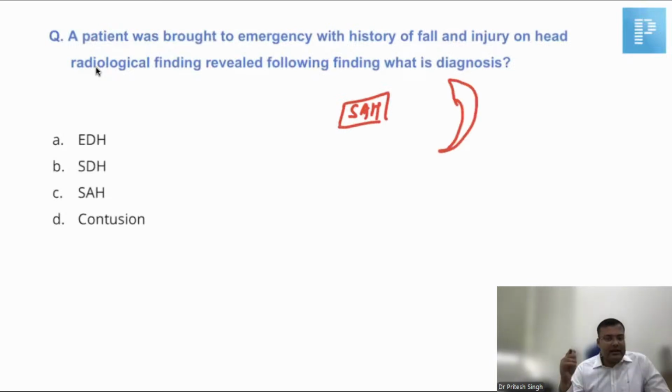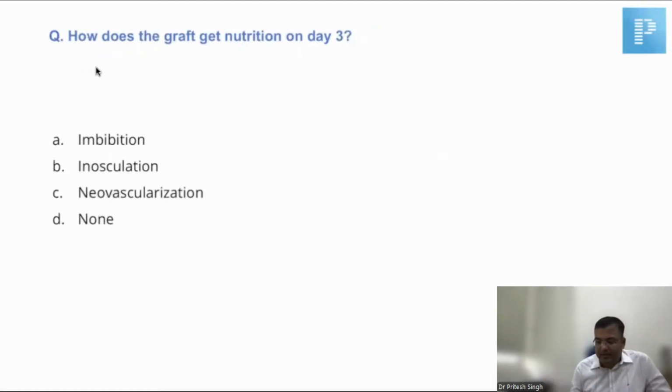If this concavo-convex blood is between dura and arachnoid, obviously it is SDH. Okay, so it depends on the image. Somebody says that, sir, it was SDH or EDH. Depends on the image.